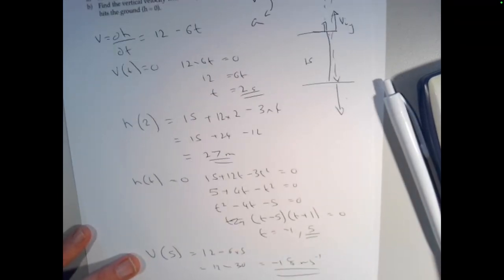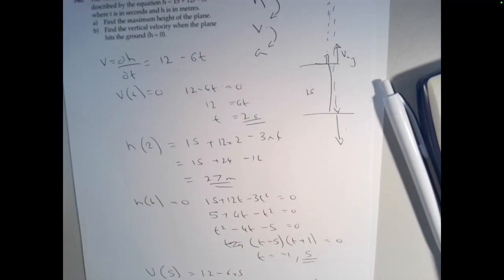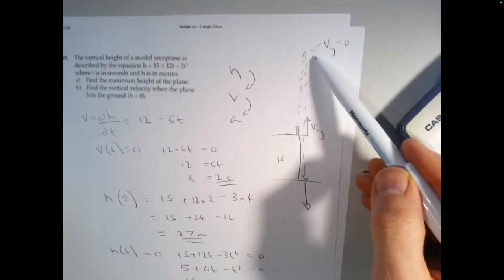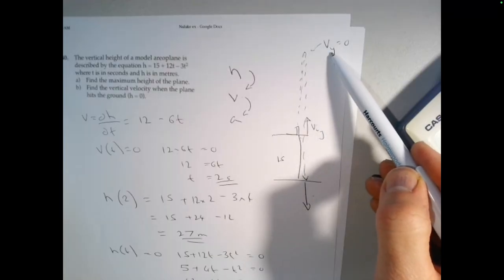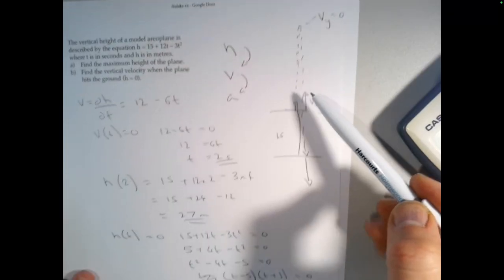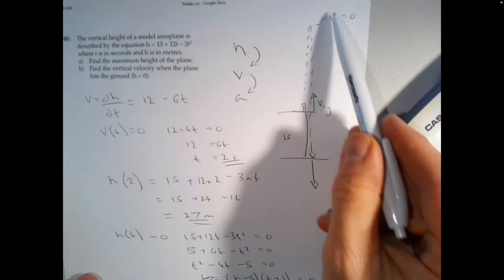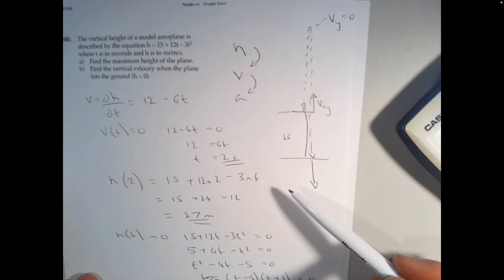Okay, you have a slight advantage if you've done year 12 physics, just because of your understanding that at the highest point, the vertical velocity is going to be 0. The good physics student from last year would have done a wee sketch.